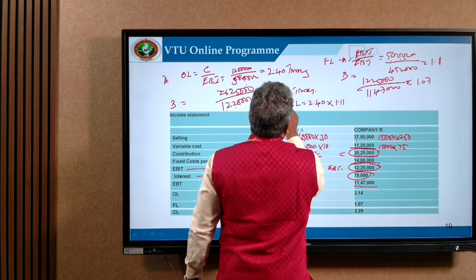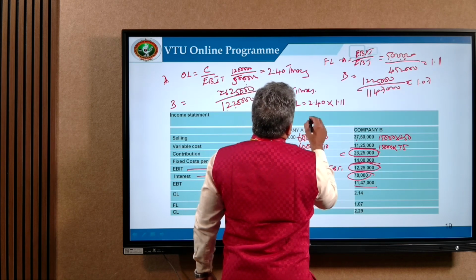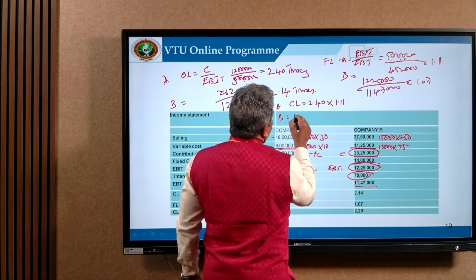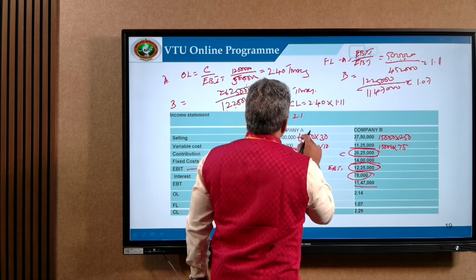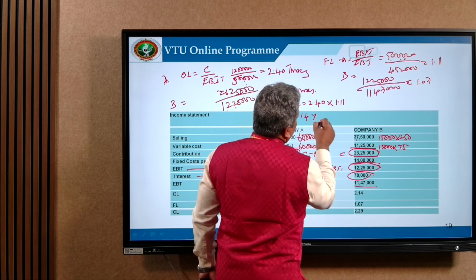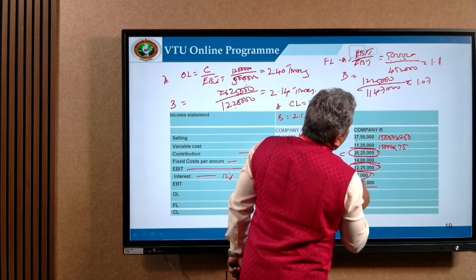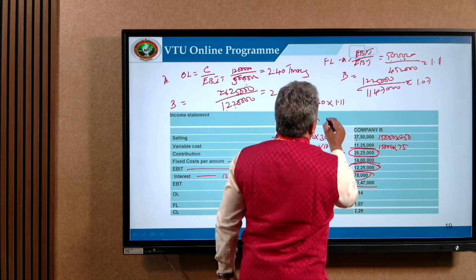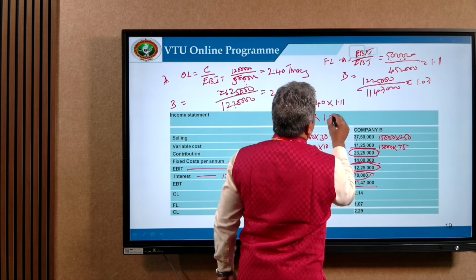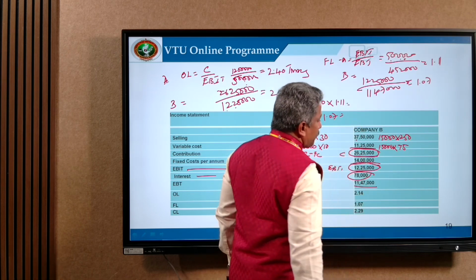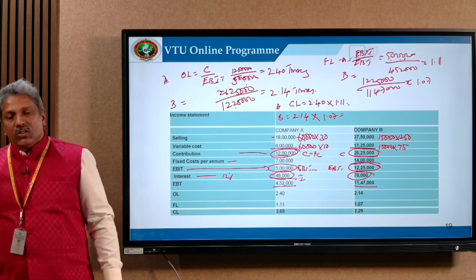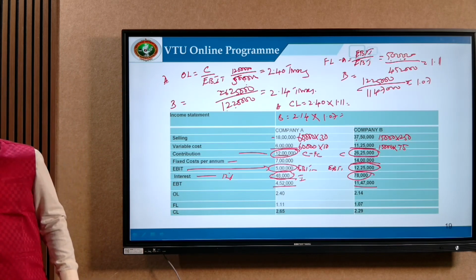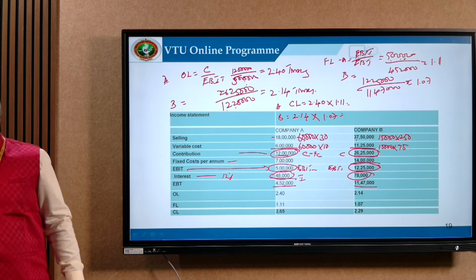Then with respect to company B, operating leverage of company B, 2.14, multiplied by financial leverage of company B, that is 1.07, we can calculate.